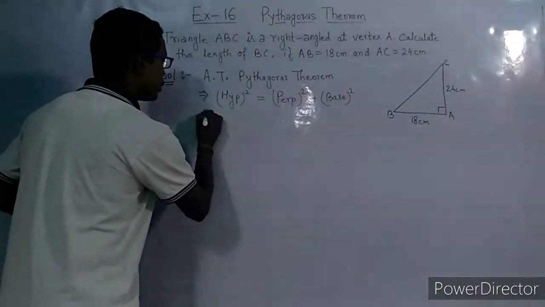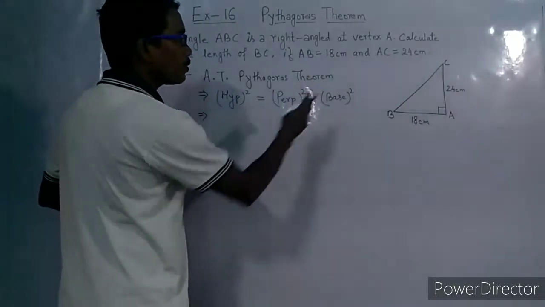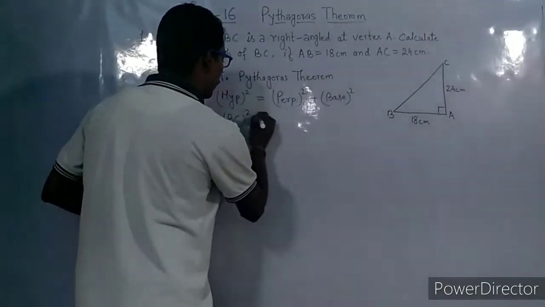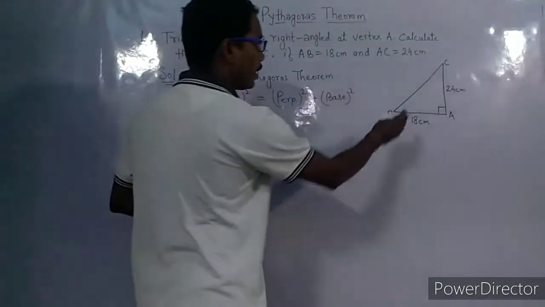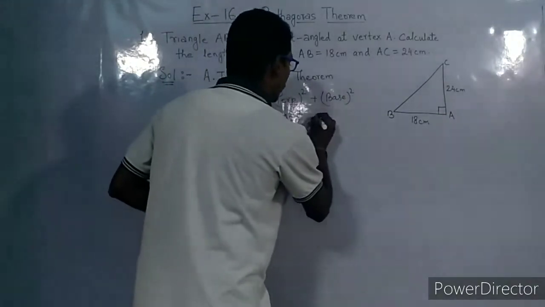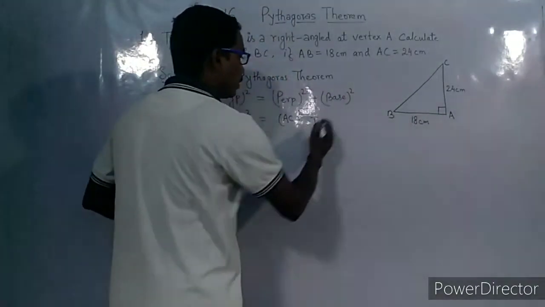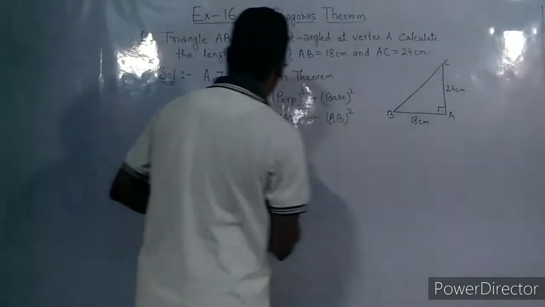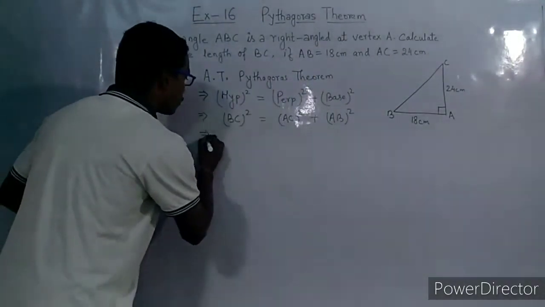Here the hypotenuse is BC, so we write BC square equal to perpendicular AC square plus base AB square. Now we will put the values.